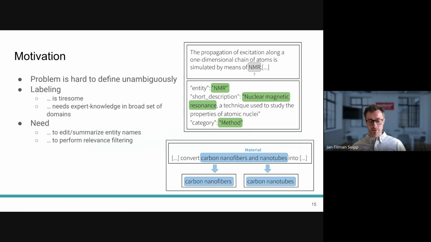And one last point regarding the motivation is that we can use it to perform relevance filtering much better, as they have a better understanding of what technical system is actually relevant.